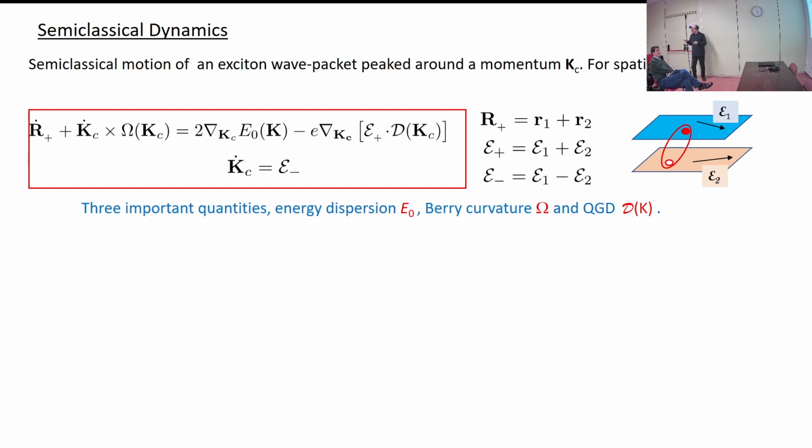So now you can ask what happens if you put in electric fields to try to push these excitons around. You can follow a wave packet formalism that's due to Chang and Niu. That's what we did to find what these equations of motion are. In the case of uniform electric fields, you get something that's really simple.